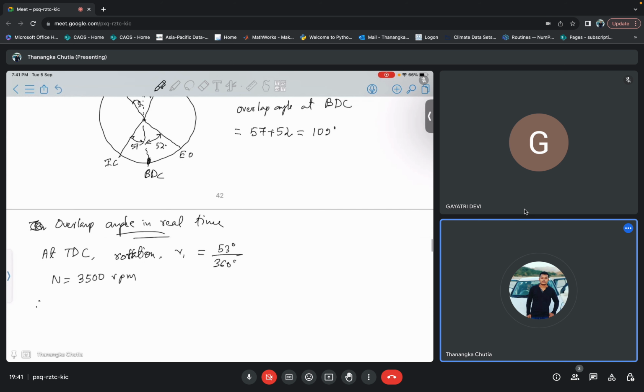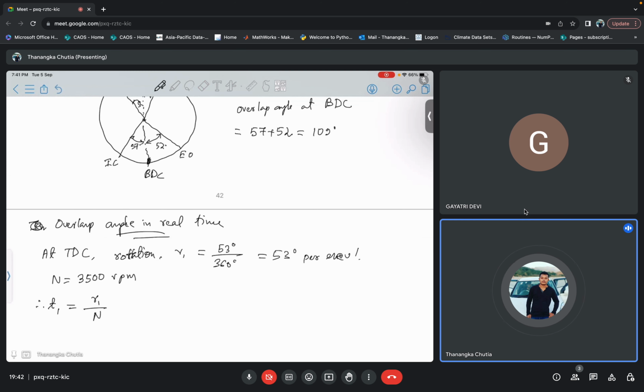So you can calculate the time as rotation angle per N, because in one revolution there are 360 degrees. So you have revolutions per minute, you just divide it, and you will get the time.